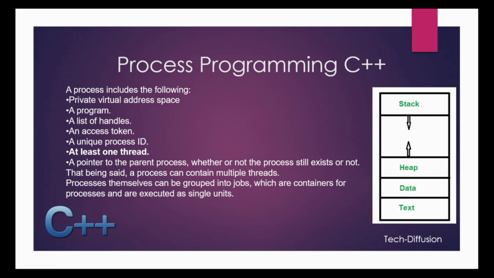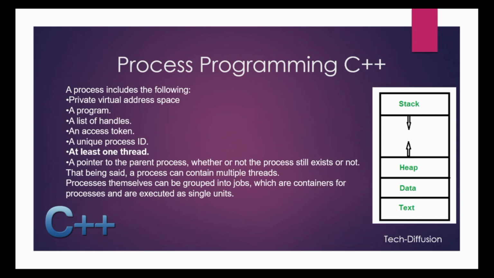So a process has a minimum of one thread. In our C++ program, the main function is one kind of thread, and main is also a process.